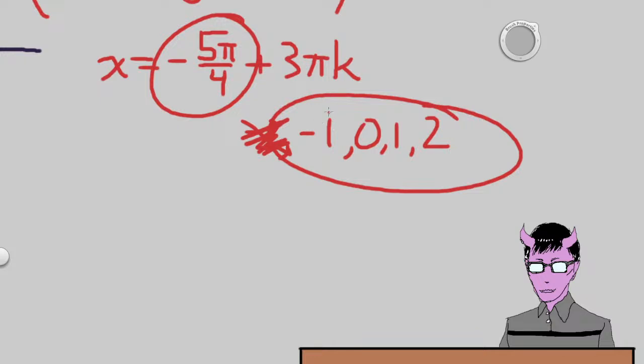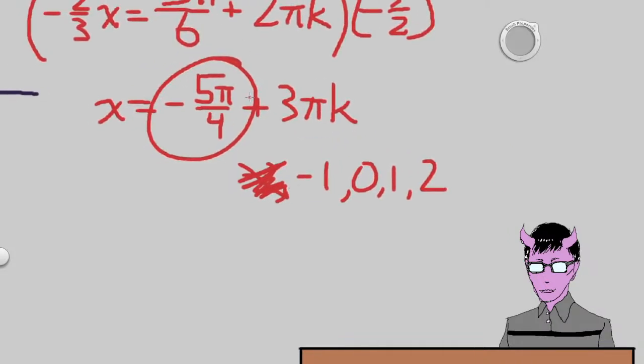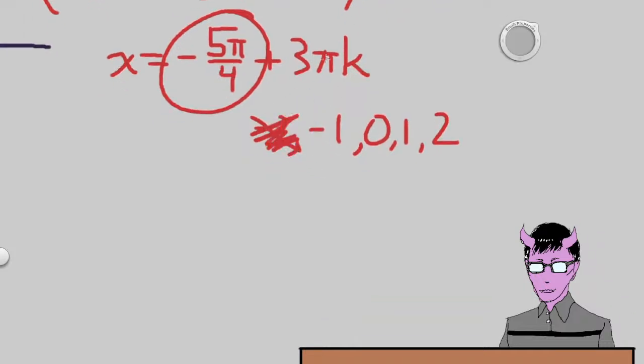So if k value is negative 1, we're going to be taking away 3 pi from here. I'm going to show this work. Just to make this one a little more conducive, I'm going to transform this one into something with a 4 for the denominator, just to make plugging this in a little easier.